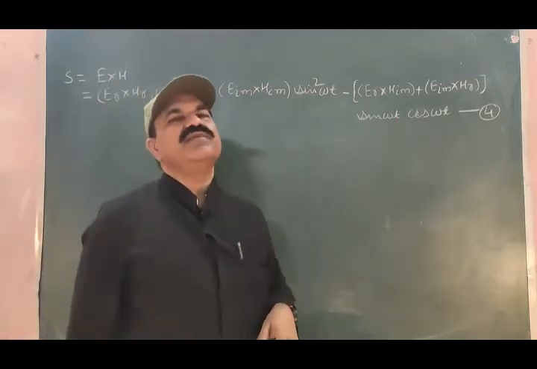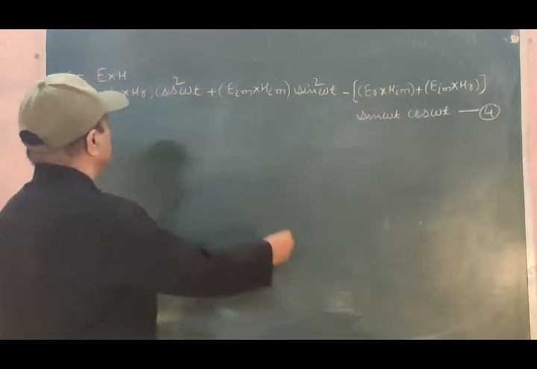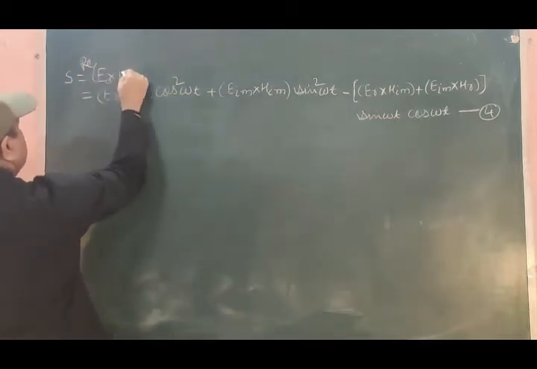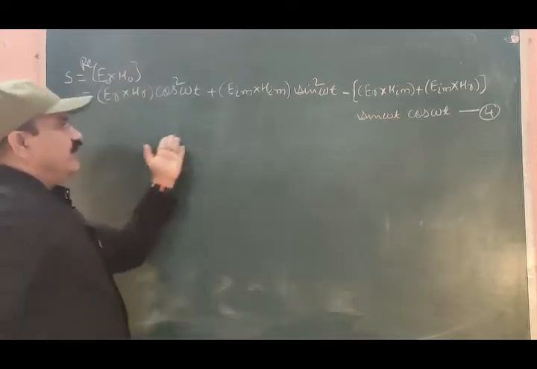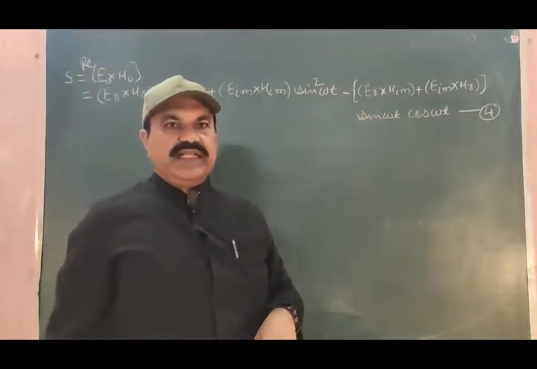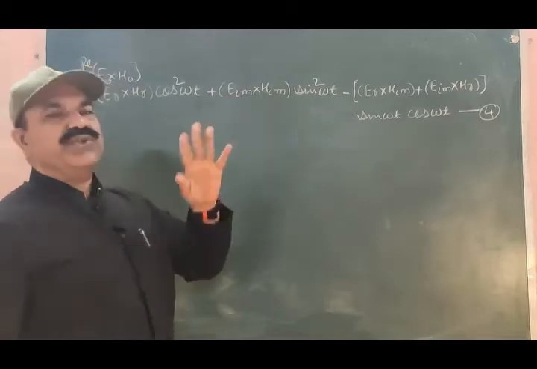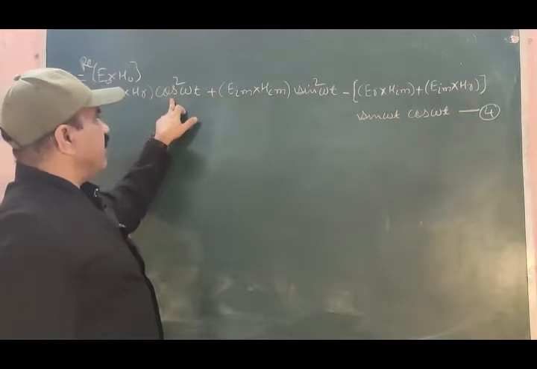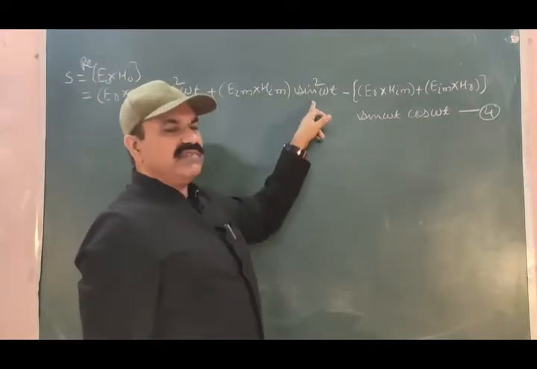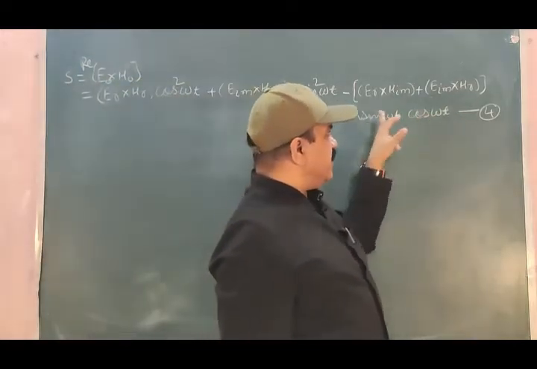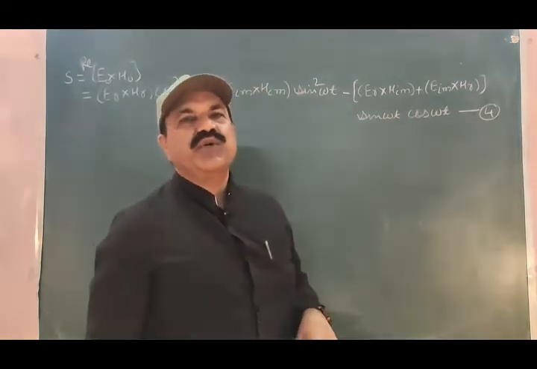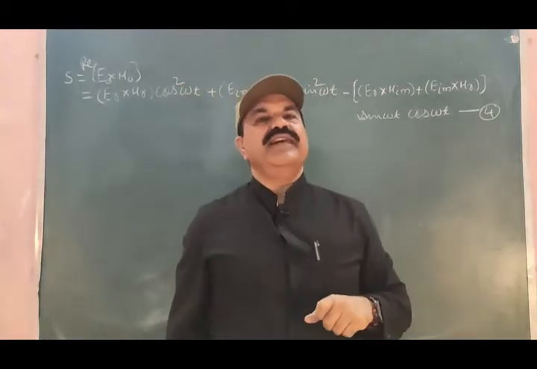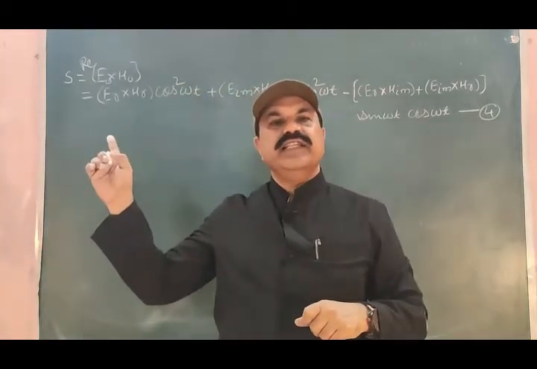Putting the values of E0 and H0 here and taking the real part of that, we got this equation. Now let us have a close look at this equation. The first term has cosine, the second term has sine, and the third term has sine as well as cosine. We want to write equation 4 in a simplified form for the Poynting vector.